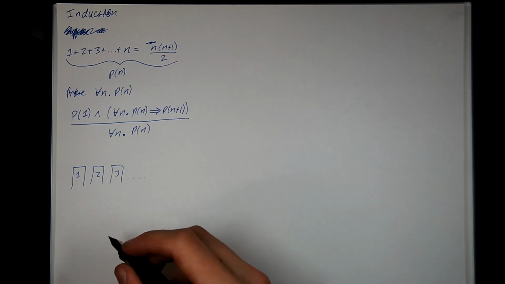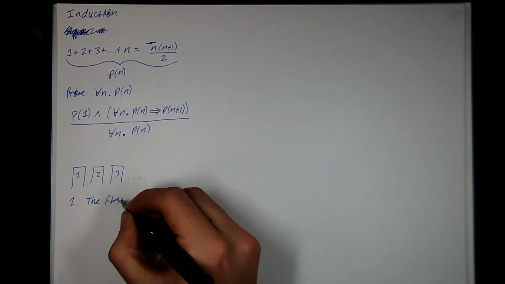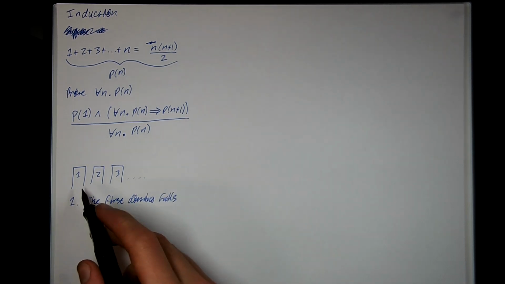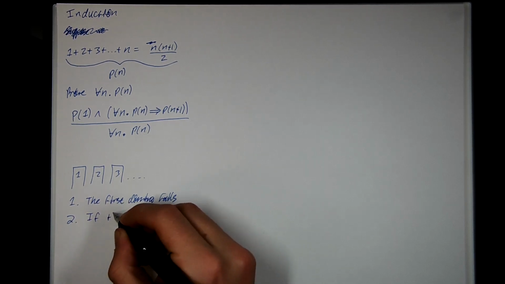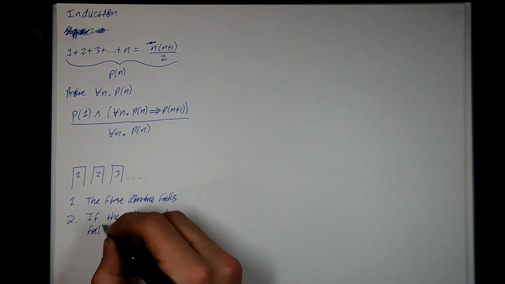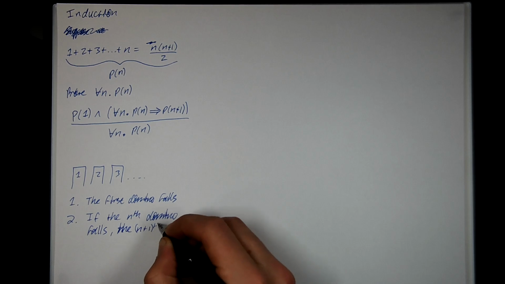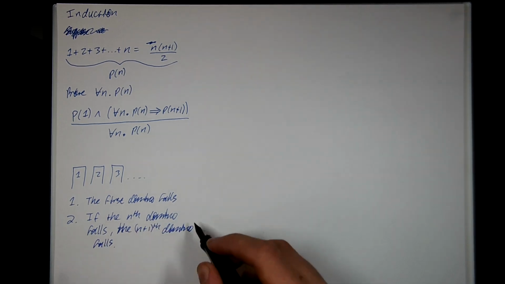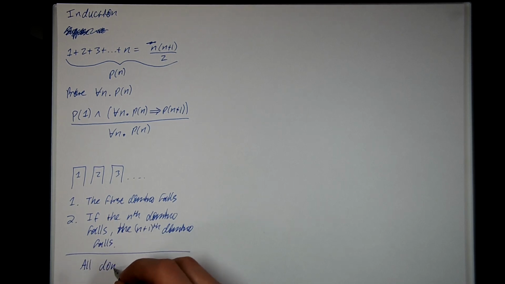If I can prove two statements, first, that the first domino falls, and second, that if the nth domino falls, then it knocks over its neighbor, so the n plus 1th domino falls, then I can logically conclude that all the dominoes fall over.